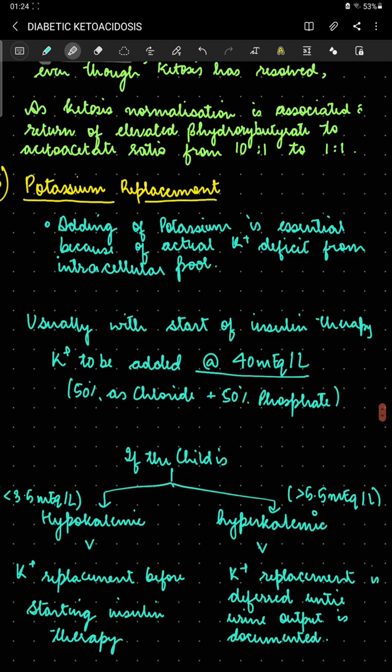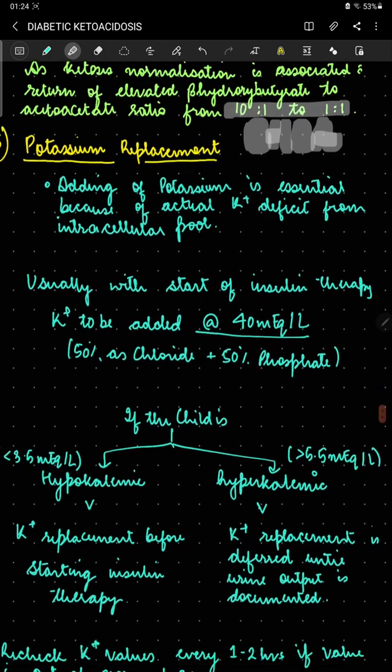And ketosis normalization is associated with the return of the elevated BHB, that is beta hydroxybutyric acid to acetoacetate ratio, from 10:1 to 1:1.